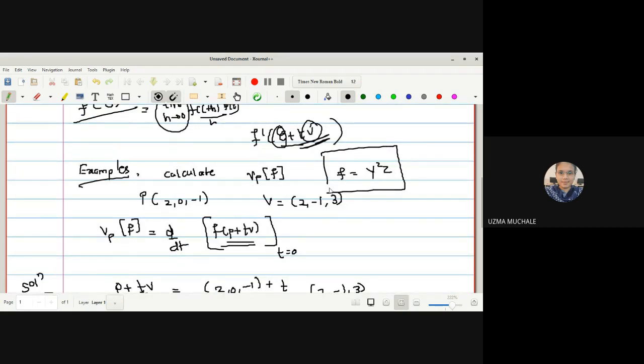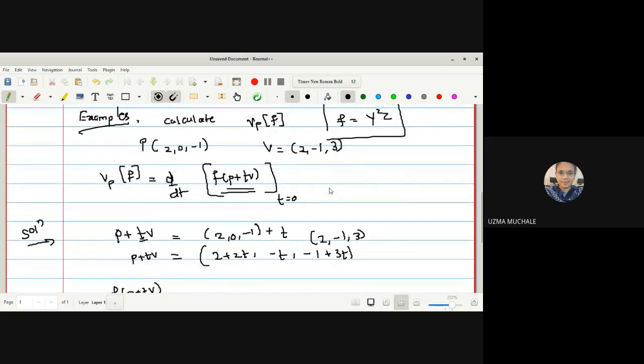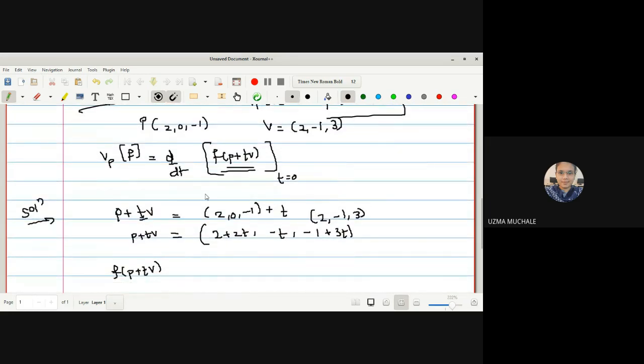The function f is y squared times z. So what you have to do is square the y coordinate and multiply by z. So this is the y coordinate and this is z.